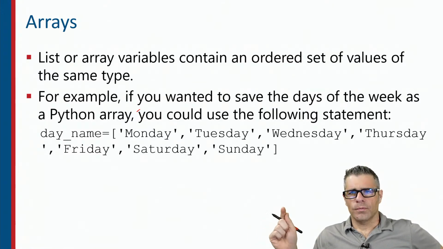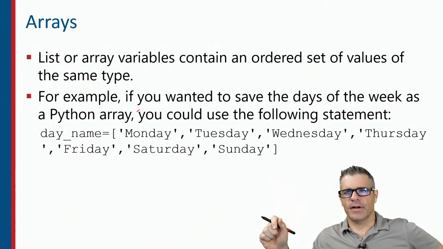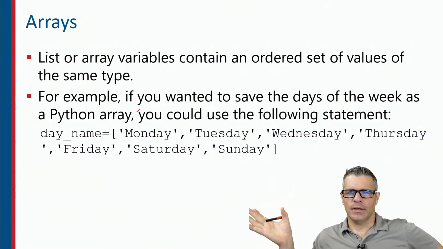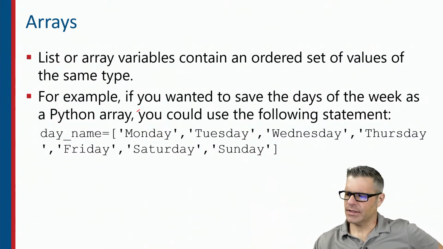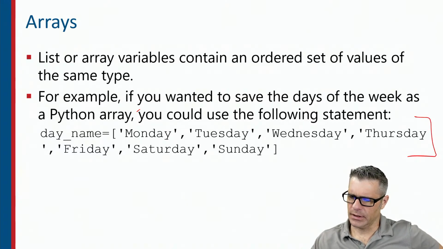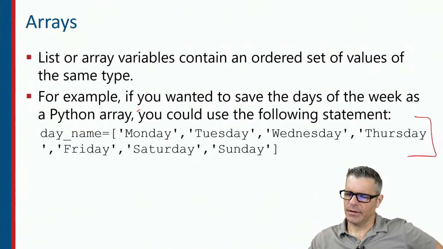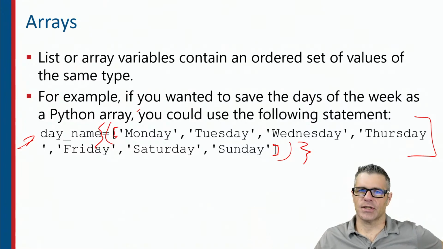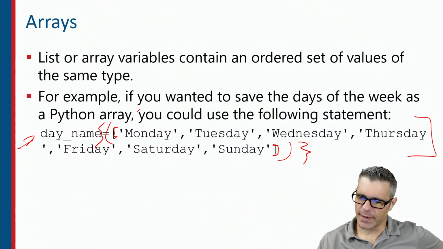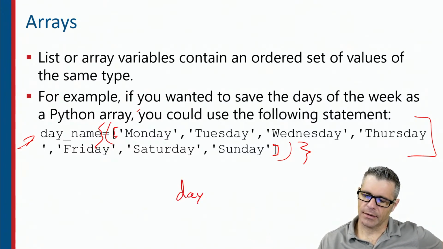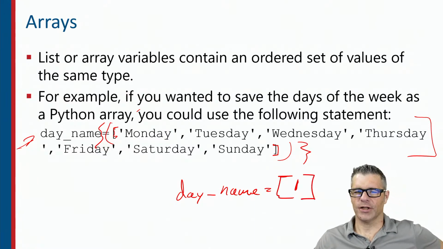So the next level of a variable is an array. And this looks like Python, oh man, Python to the days of the week. And we could get those values back out by doing something like day name is equal to 1. Which value would that return to me?